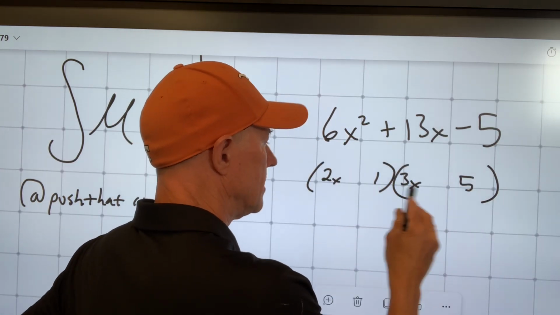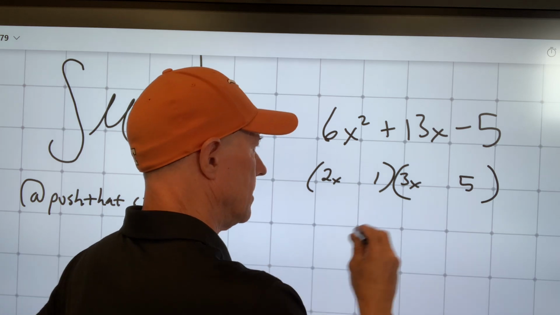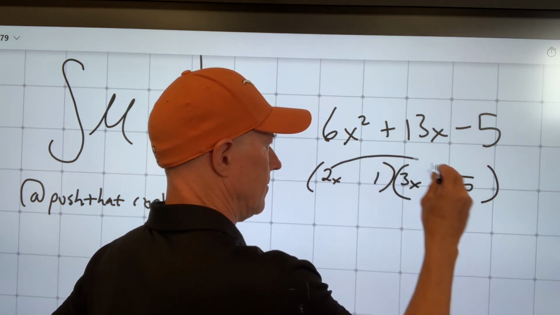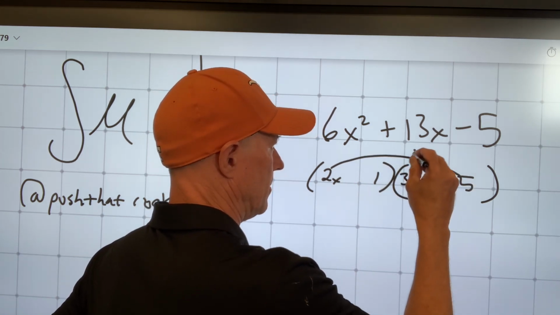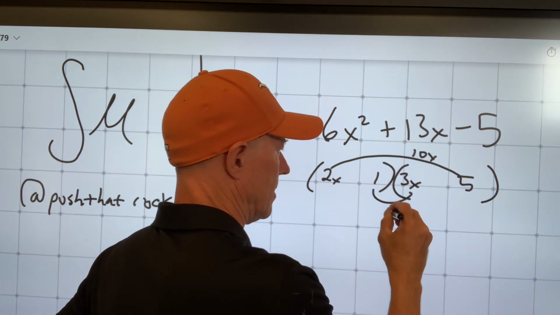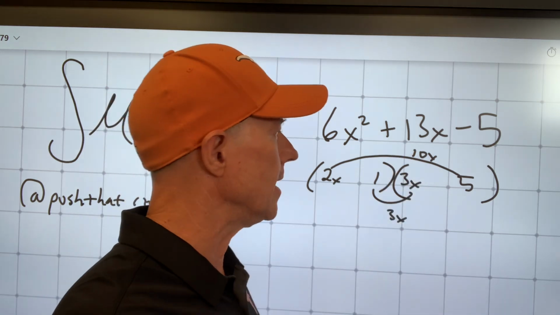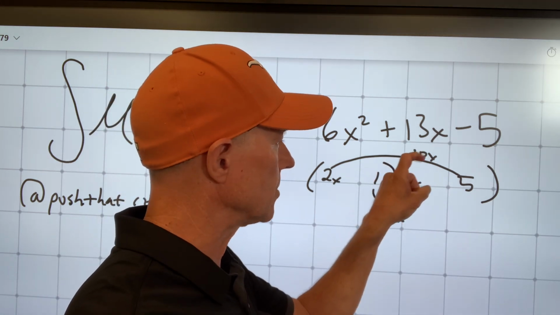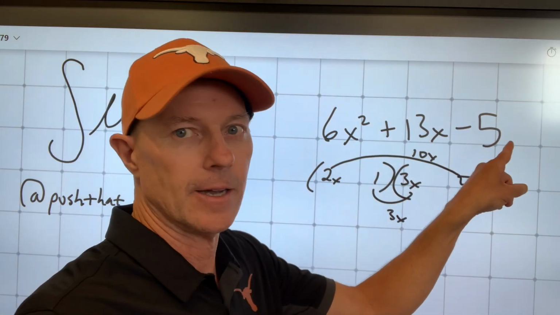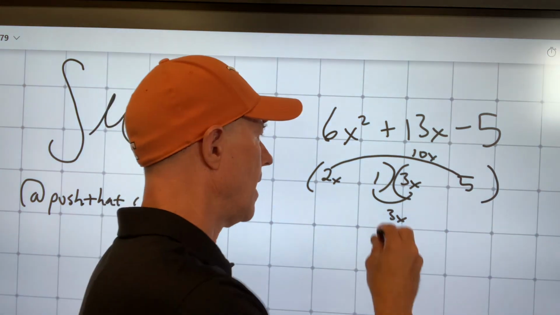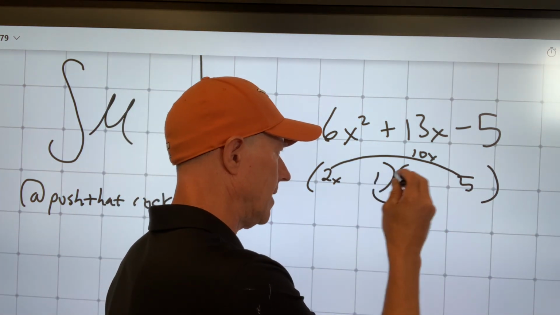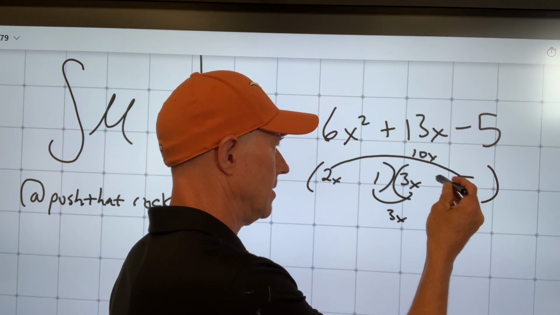So let's see, if I do the 2x times the 5, that would be 10x. And if I multiply the 1 by the 3, that would be 3x. But you would only get 13x if you were adding those. And notice we need a negative 5, so I need one of these to be negative and one to be positive.